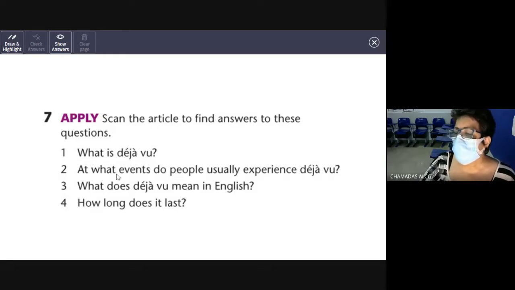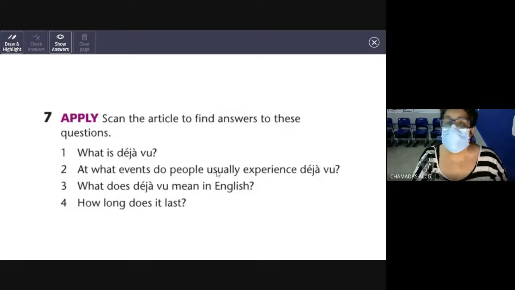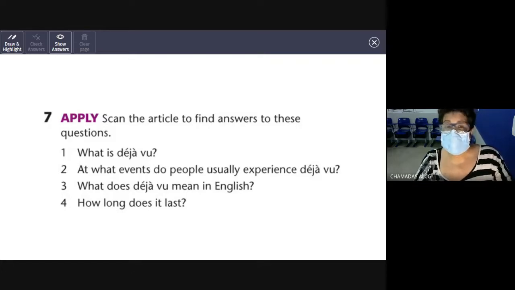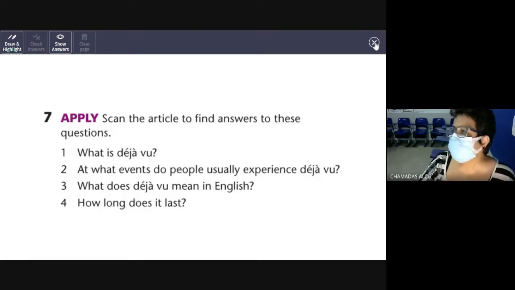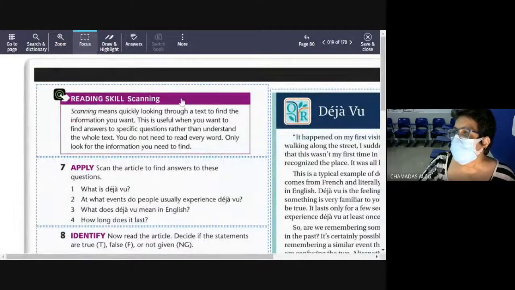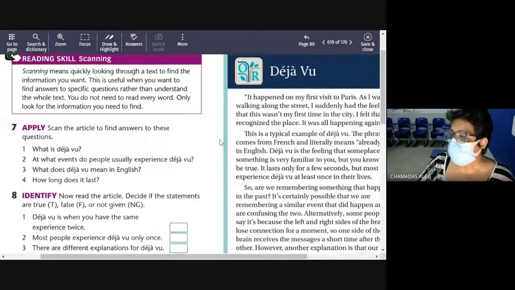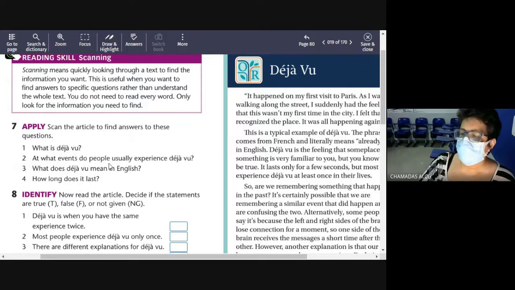Two, at what events do people usually experience déjà vu? What does déjà vu mean in English? And how long does it last? Okay, so that's interesting. So we have to answer 4 questions. And we should read the text like scanning to find the answers to those questions. Okay?